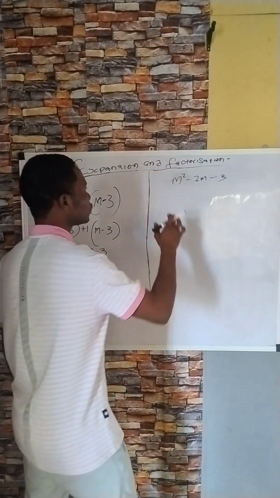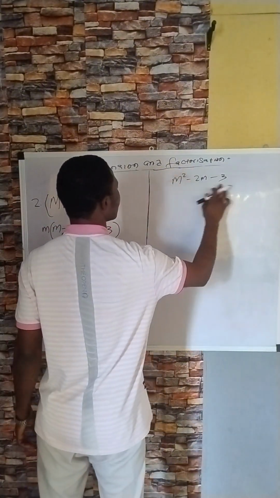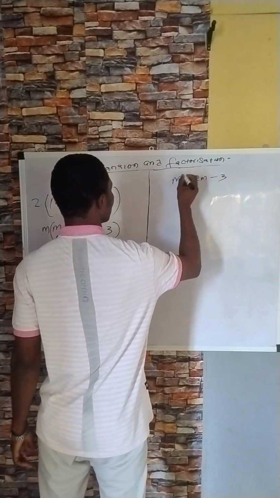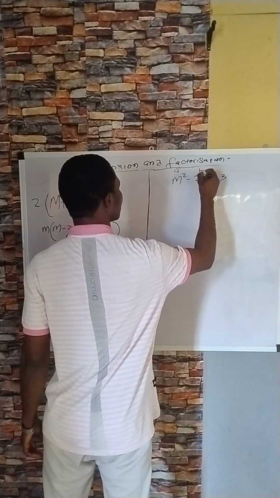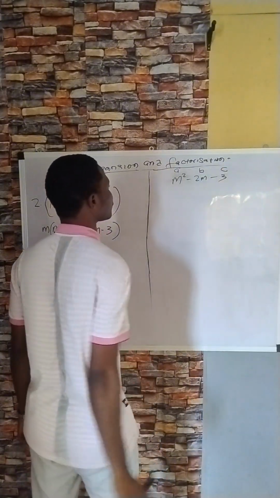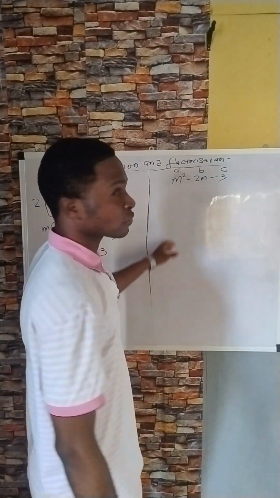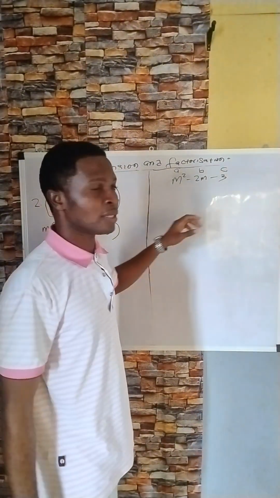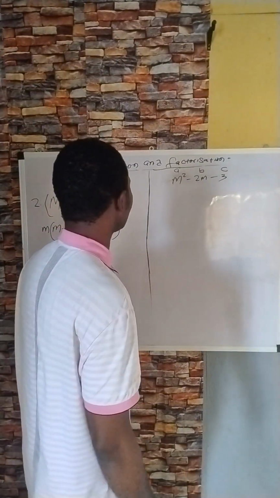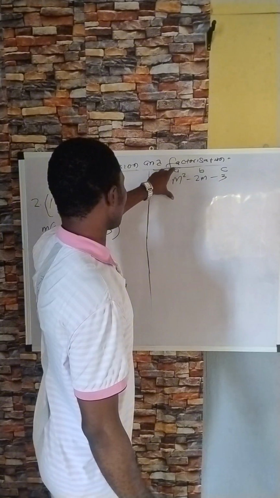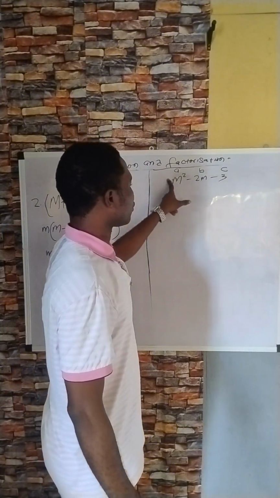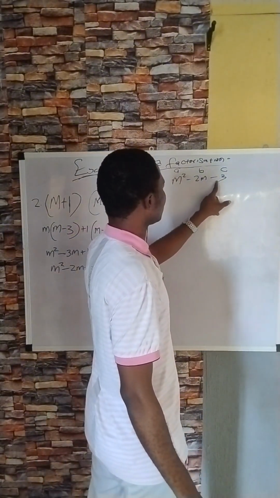So we solve it like a quadratic equation. So a quadratic equation has the a, the b, and the c. How do we solve this? Use the coefficient of a to multiply c.